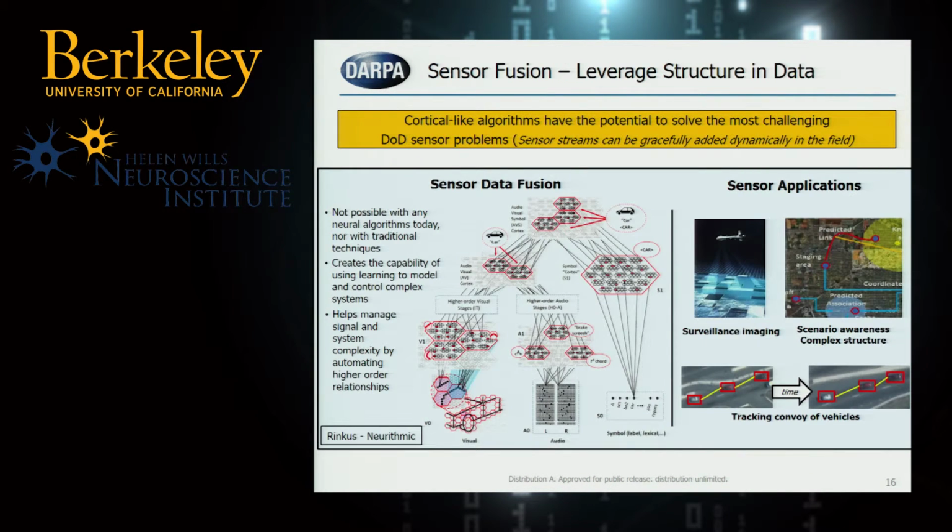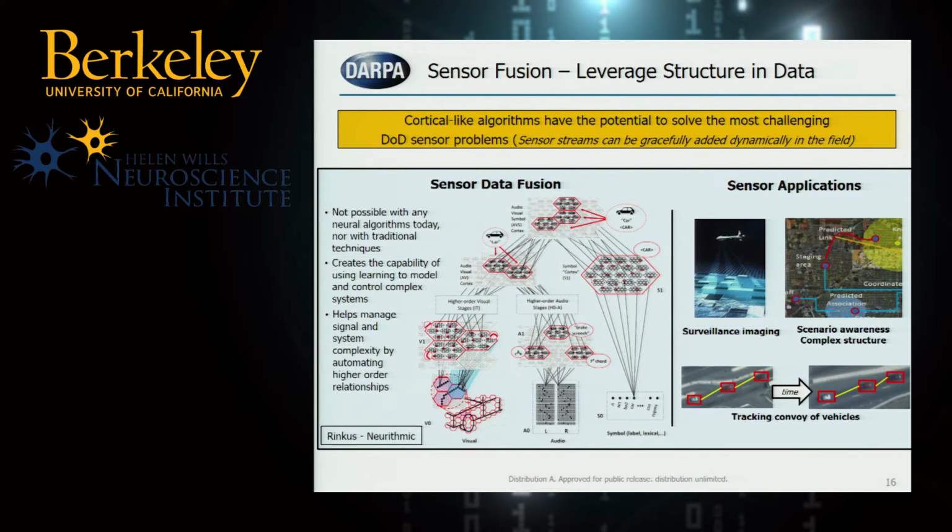Slide 16 is just going back to the notion of structure in data. I believe that probably the most important thing that these algorithms can do for us is to provide a way where we can capture complex structure that exists in the data, and then do inference over that structure. For example, the photo on the upper right side is an Argus picture.